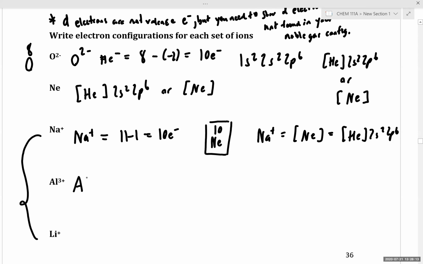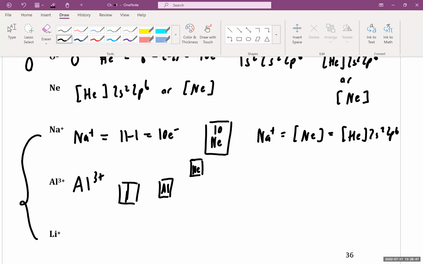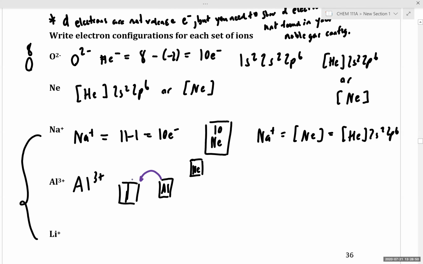Likewise, another way of thinking about this is for aluminum 3+, you can go and find aluminum in your periodic table. When you're looking at your periodic table, for each positive charge, for each electron lost, you count one space to the left.